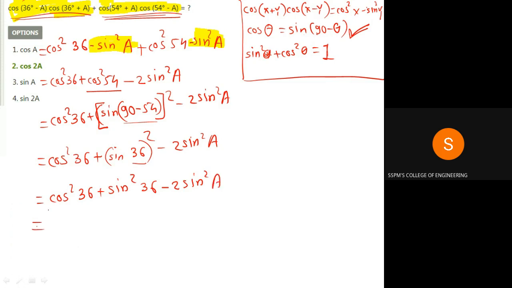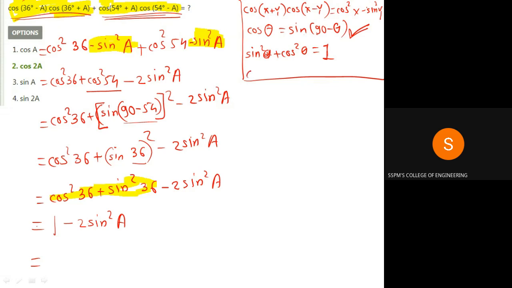What is cos square 36 plus sin square 36? It is 1. So we get 1 minus 2 sin square a. We have studied this formula: it is cos 2a.